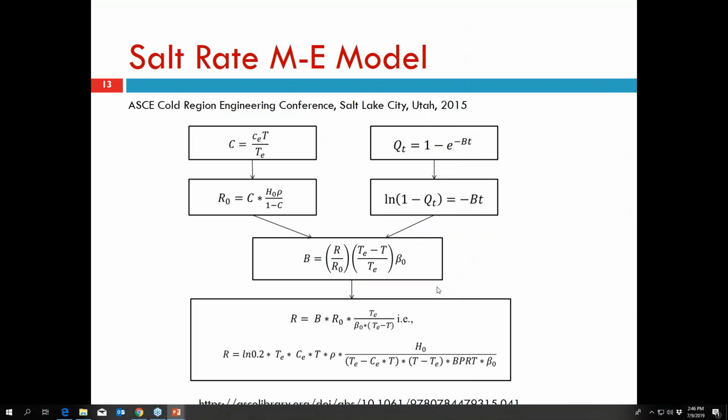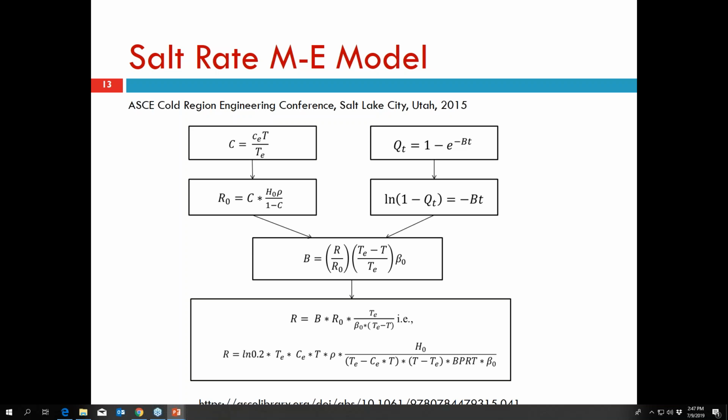So based on this data we collected and based on snow melting theory, we tried to develop a mathematical equation that we can use to quantify how much salt is needed.